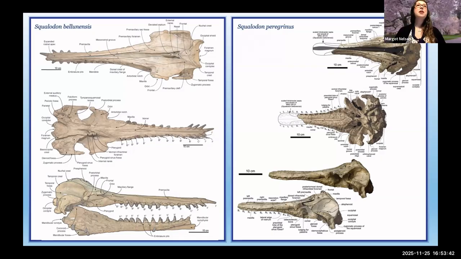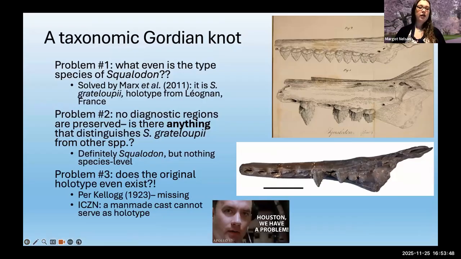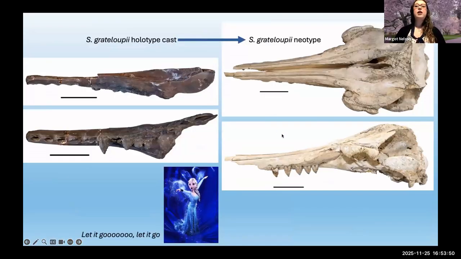Such as, if I may ask. So for Squalodon grateloupii, the neotype, there it is. The original publication is from 1861 and says it comes from a quarry owned by the Comte de Bourg. I was like, okay, well that's very vague.